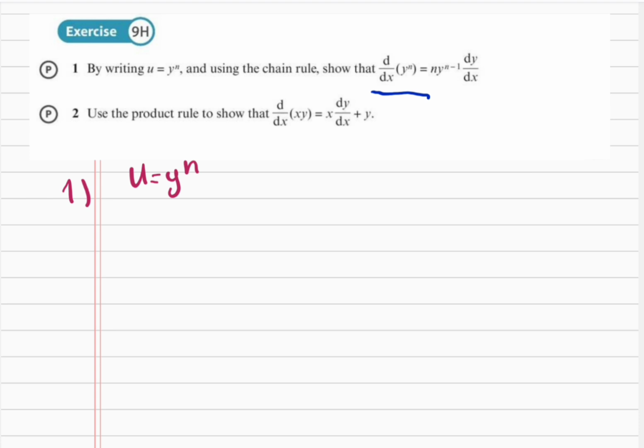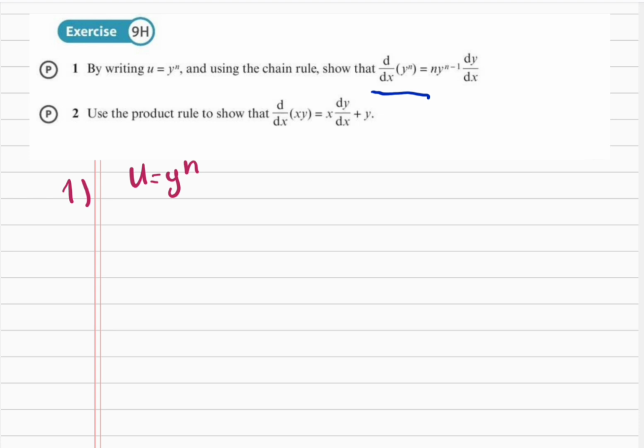Normally we have a function in terms of x and we differentiate that with respect to x. But this time it's in terms of y and we are differentiating with respect to x rather than y. Now we want to see how we can do that.